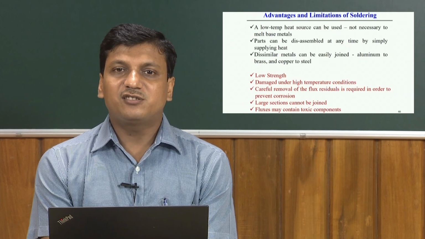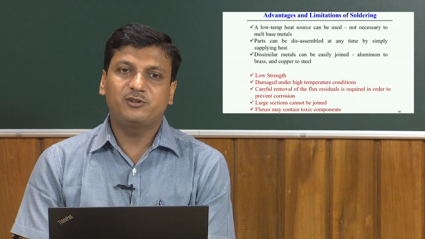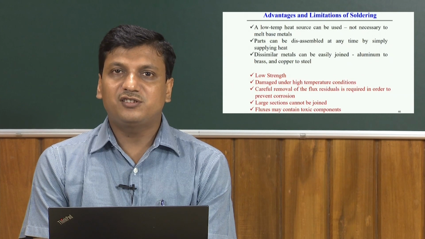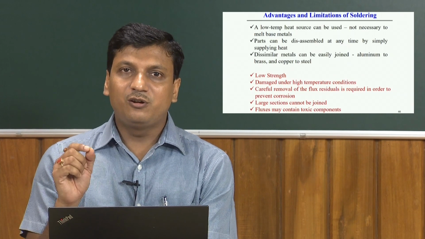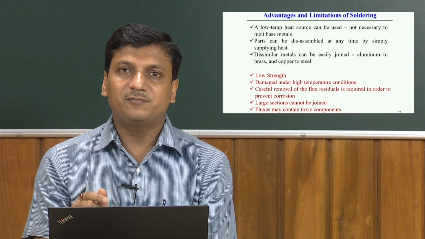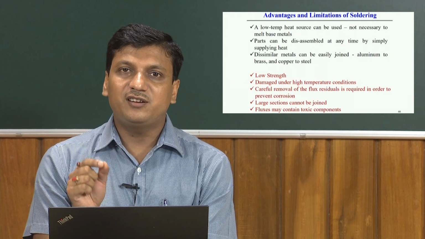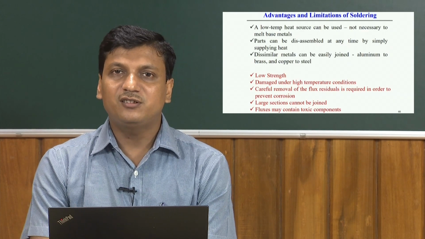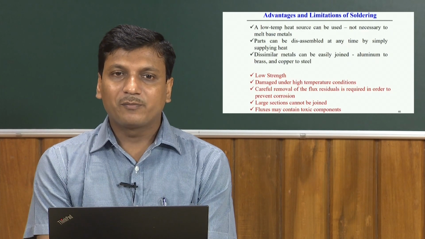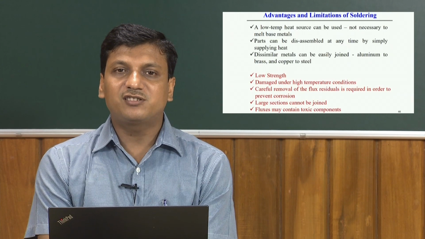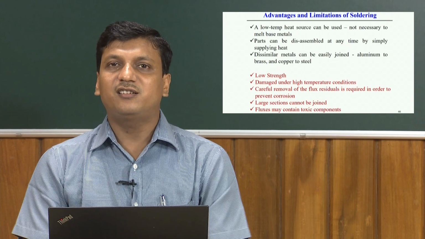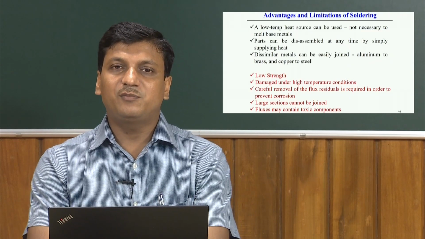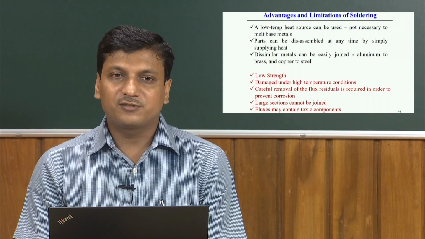A typical limitation of the soldering process is that the strength is very low and it may be damaged under high temperature conditions. So, we try to localize the application of heat, and the heat intensity should be low enough so that the temperature is controlled below 450 degrees centigrade. Careful removal of flux residue is sometimes required in order to prevent corrosion of the soldered surface.